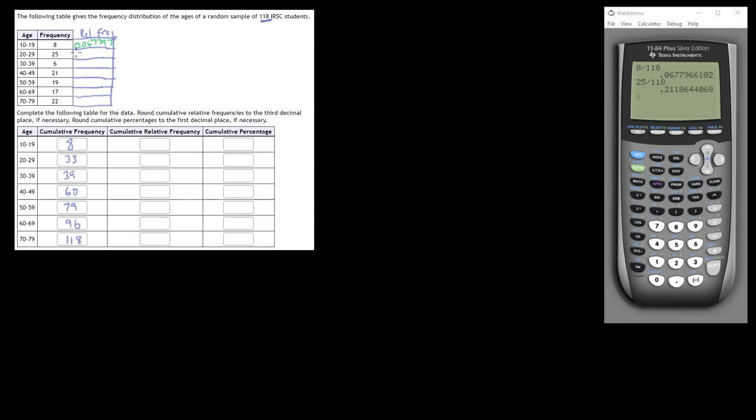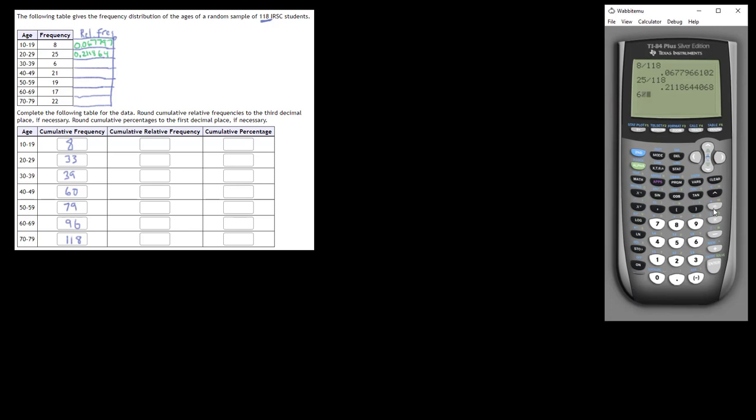That is 0.211864. Then 6 divided by 118 is 0.050847.